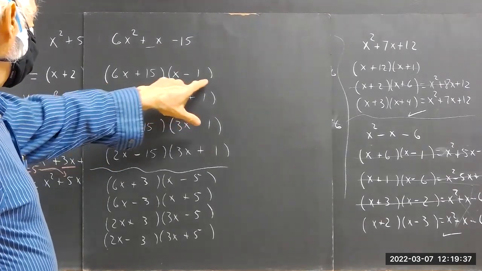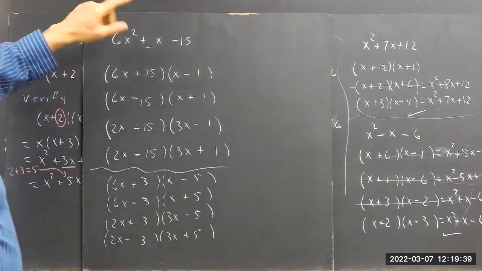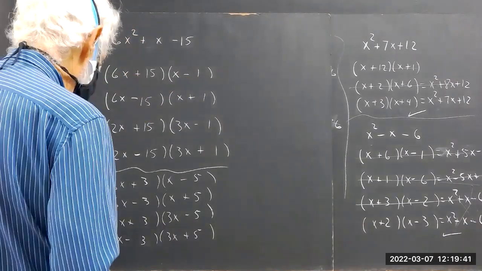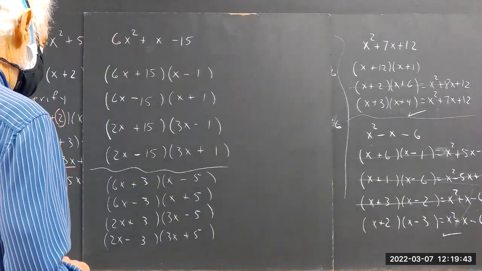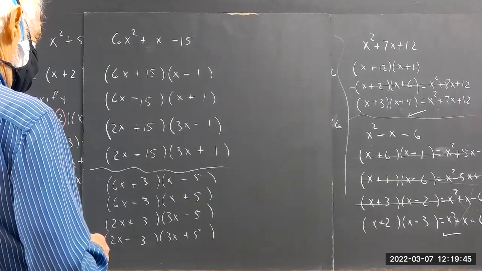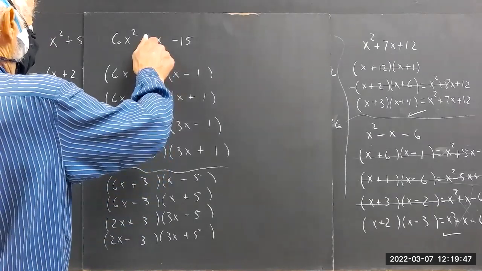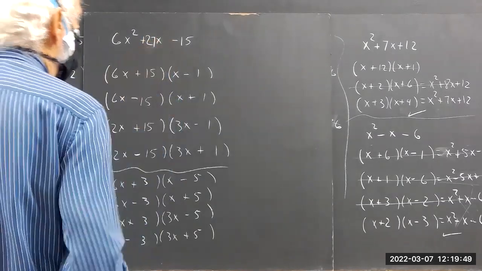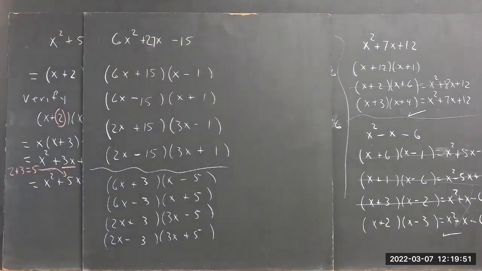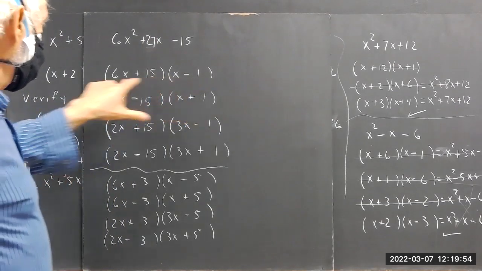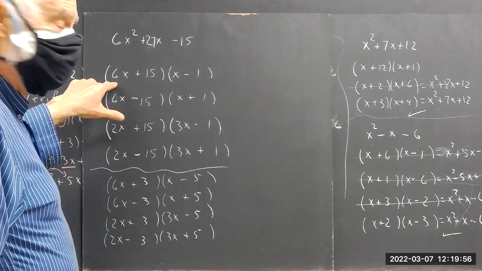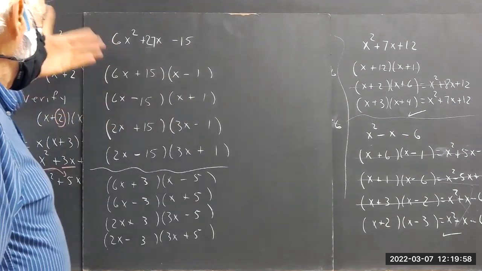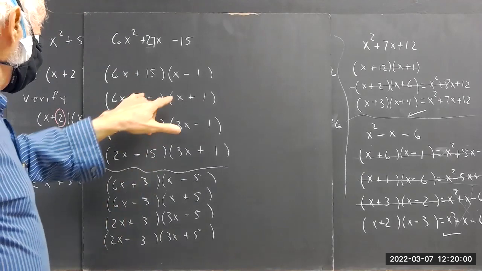Clearly, that's going to give us 15x and 6x. Well, it depends on what we're looking for here. Let's say what we're looking for is 27. Well, 15x and negative 6x, that's going to give me 27x, right?